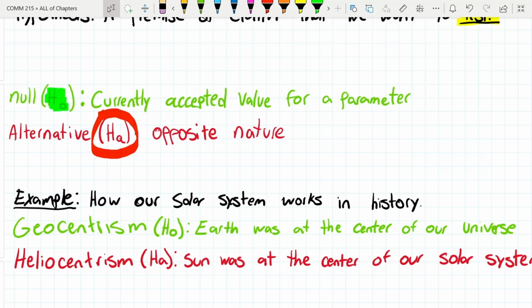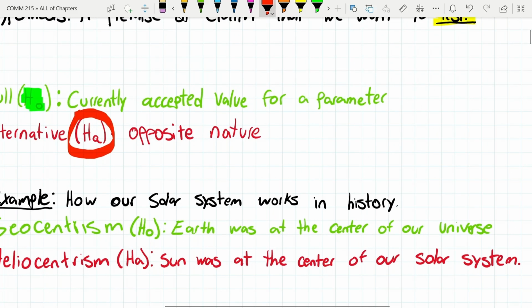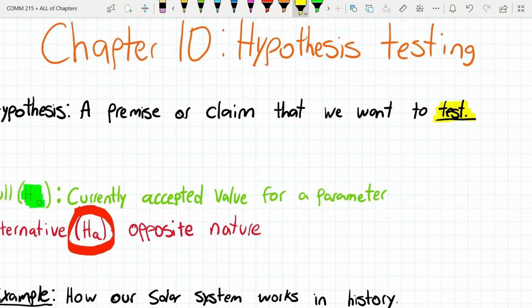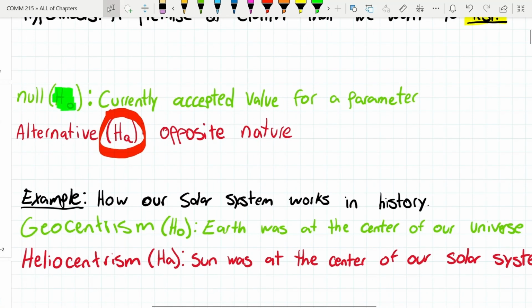When heliocentrism came out by Copernicus, which is our HA in this case, he believed that the sun was at the center of our solar system. And when scientists did tests to see if this was true, they figured out that heliocentrism was the correct model for our solar system. So this is an example of how null and alternative work.